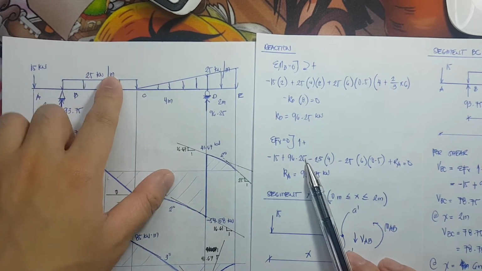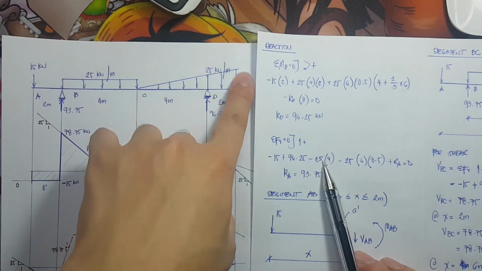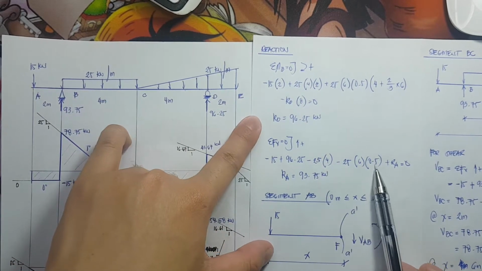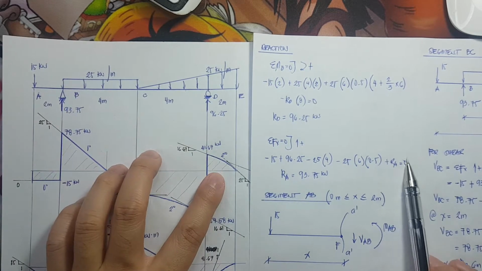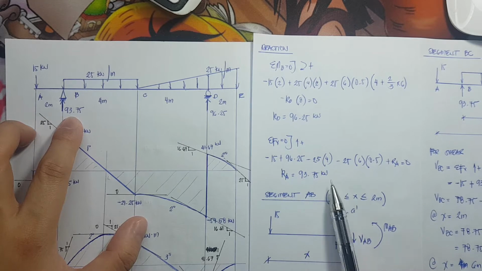To cancel out the meter, what remains is kilonewton. Right? Minus 25 times a span of 6 times 0.5, since it is a triangular load, plus RA is equivalent to 0. Therefore, RA is equivalent to 93.75.